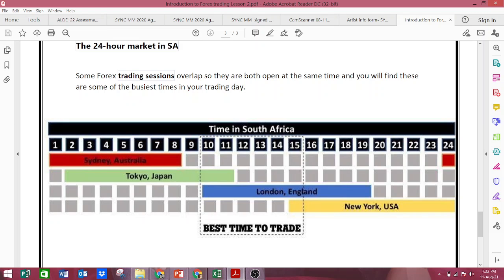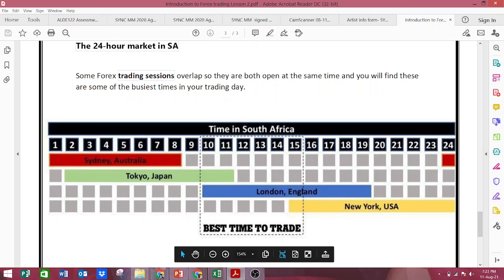So these two overlap, and then we move on to the third one, which overlaps with the second one, the London or England session. It opens at 10 and closes at 7 p.m. This block here is highlighted in dotted bold dots.